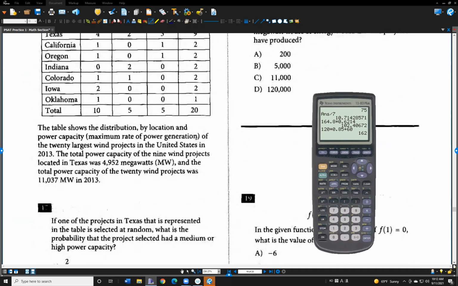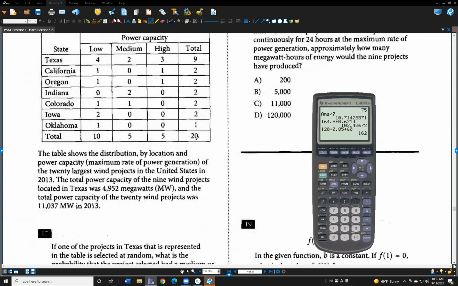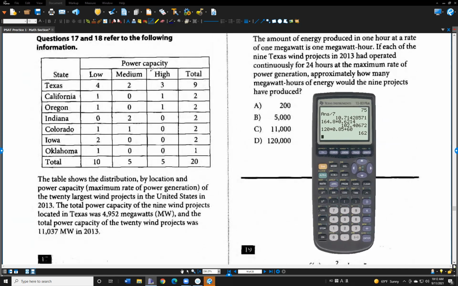All right, the number over here, 17. So we have a power capacity table, with low, medium, and high categories, and a total number of 9 projects in Texas. The total is 20, you can see there, right? There is a distribution by locations and power capacity. This is the power capacity, the maximum power generation of the 20 largest wind projects, 2013.